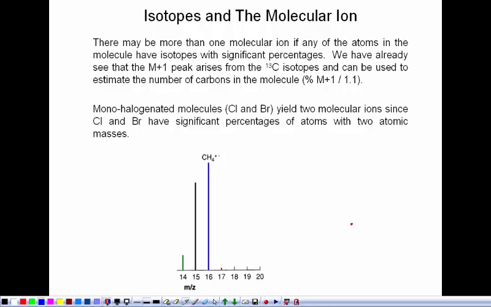And this peak at 17 corresponds to a methane dot plus that isn't made up of carbon-12. It's made up of the isotope of carbon that weighs 13 AMUs. And so that peak is actually what is called our M plus 1 peak.